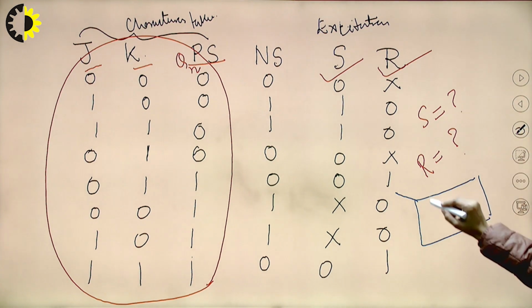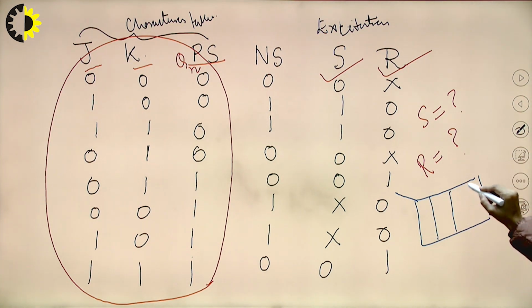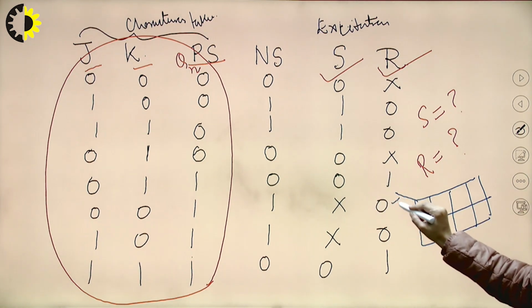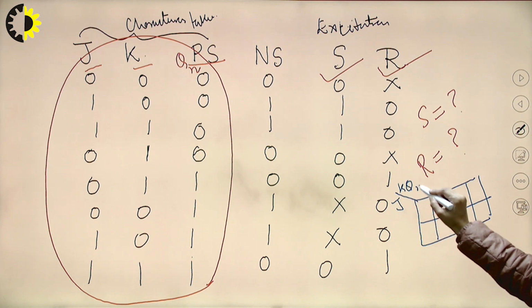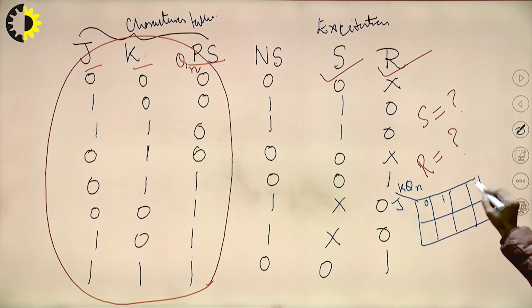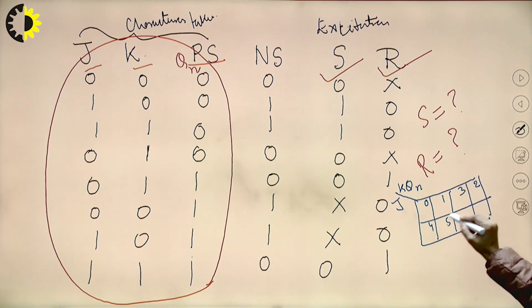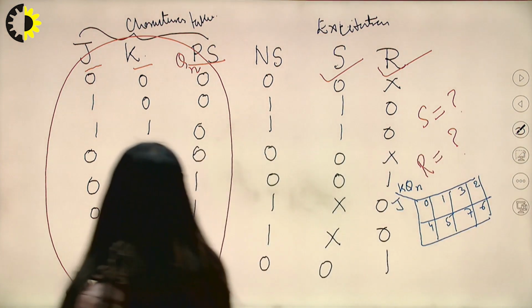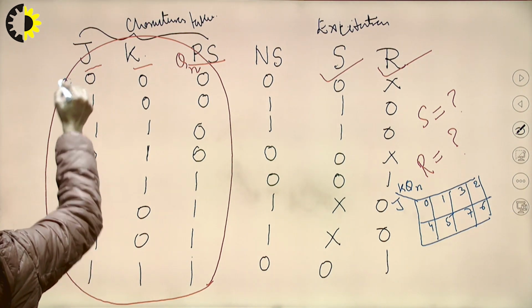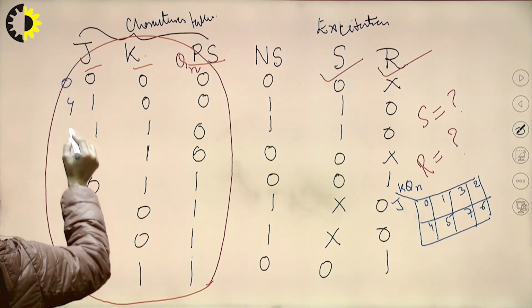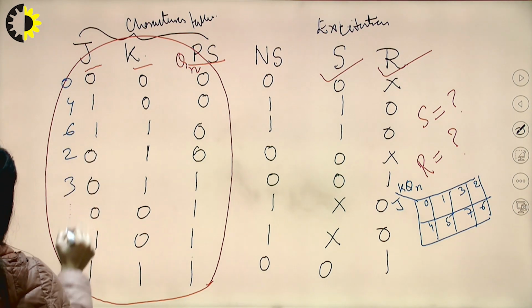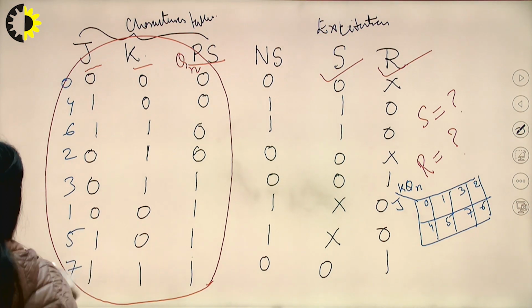So the three variables are J, K, Qn. 0, 1, 2, 3, 4, 5, 6, 7, right? Now fill up the entries. Before filling the entries, let us analyze this one. This is for 0 and this is 4, this is 6, this is my 2, this is my 3 and this is my 1, 5 and 7.